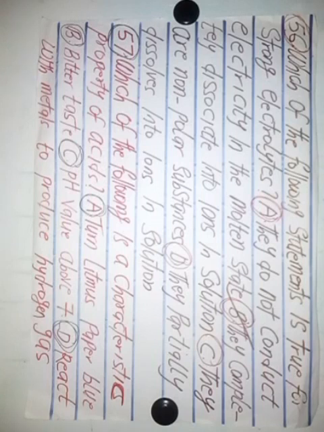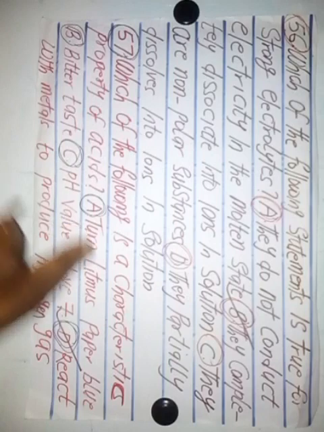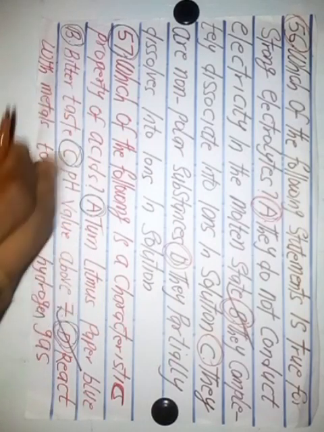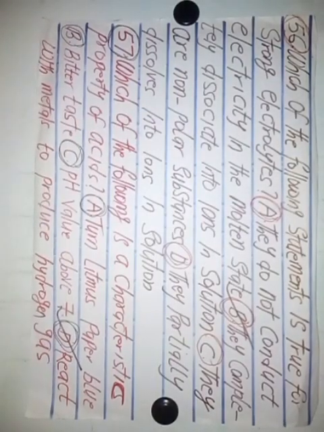So your answer to this question is D. The rest are properties of bases. Only this one is a property of acids: reacts with metals to produce hydrogen gas. So your answer is D.